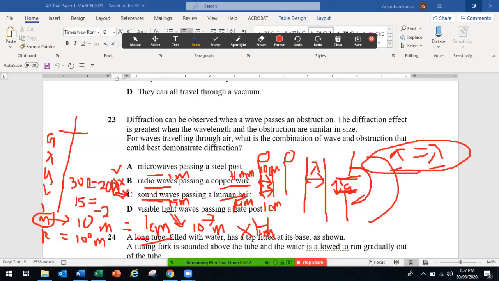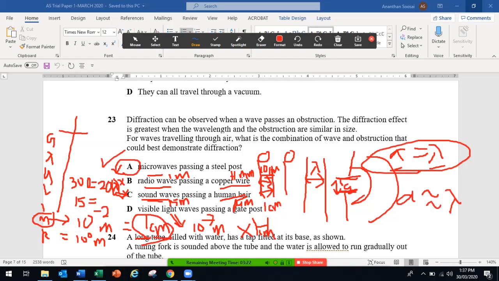I think the best A and lambda quite close is the A. Microwave just now, how much you got? 10 to the power -2. It's about 1 cm, and the post is 10 cm. I think that's the smallest difference. So I go for the best option, A, compared to B, C, D.